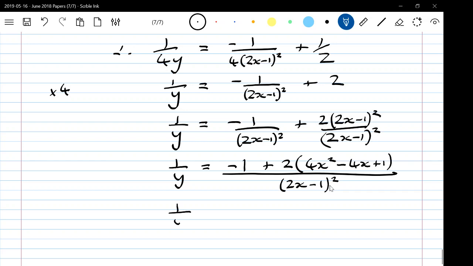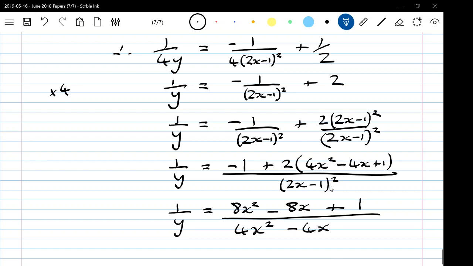1 over y is now, let's collect a few things together. We have 8x squared on the top, minus 8x. We've got a plus 2, take away 1. So that's a plus 1. And the bottom line has a 4x squared minus 4x plus 1.